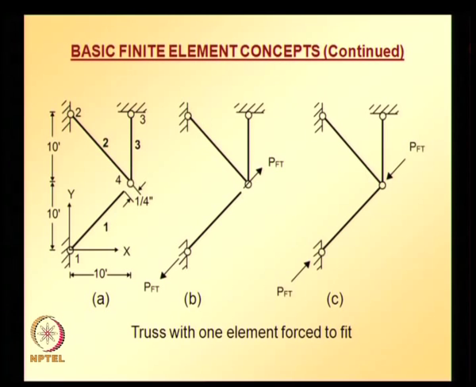That is why the nodal coordinates of node 1 are 0, 0, and nodal coordinates of node 4 are 10 feet times 12, that is 120 inches. X is 120, y is also 120, and nodal coordinates of node 2 are 0 and 240, and nodal coordinates of node 3 are 120 and 240.